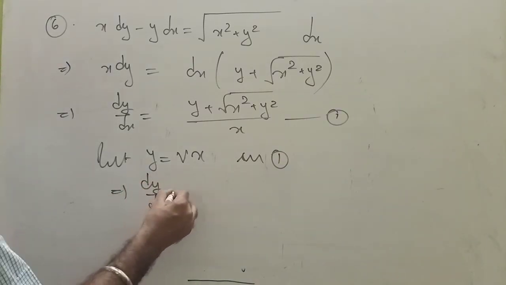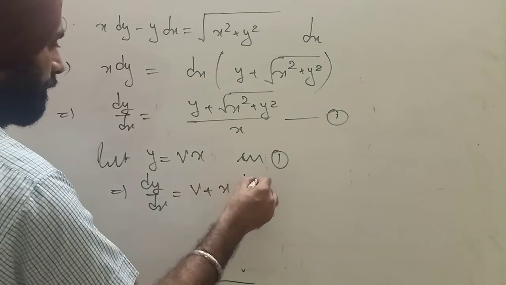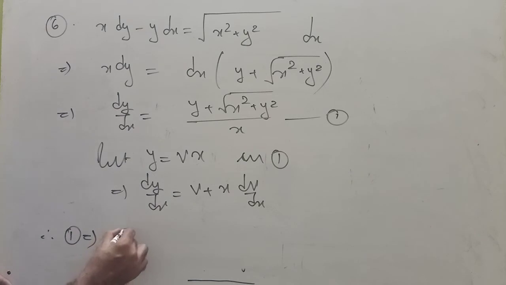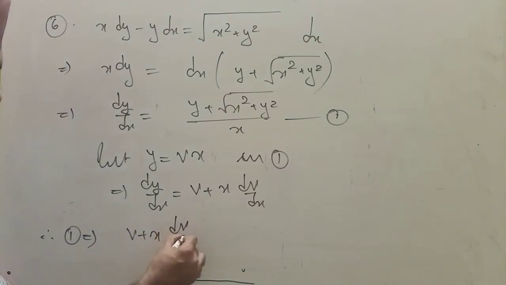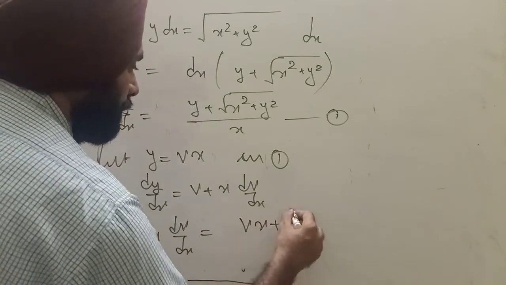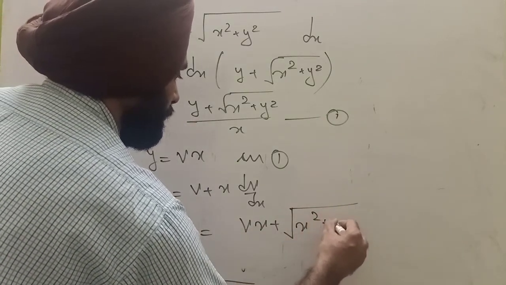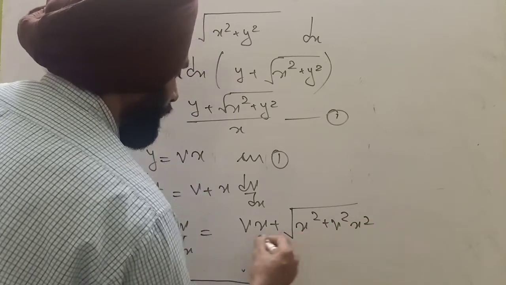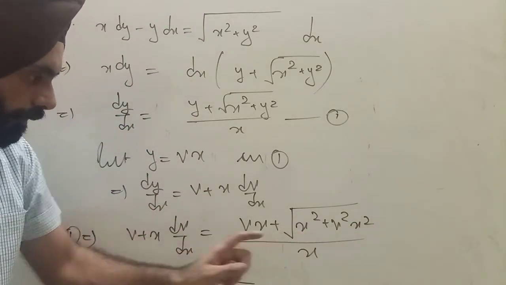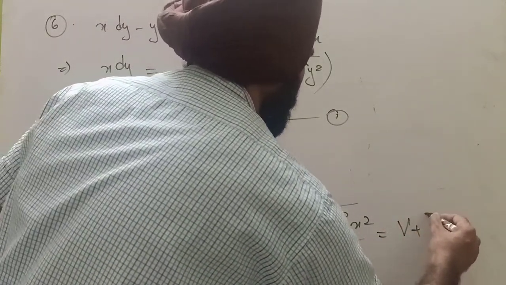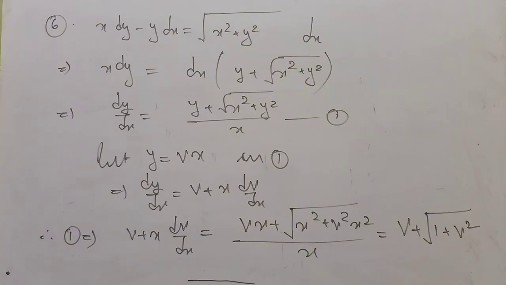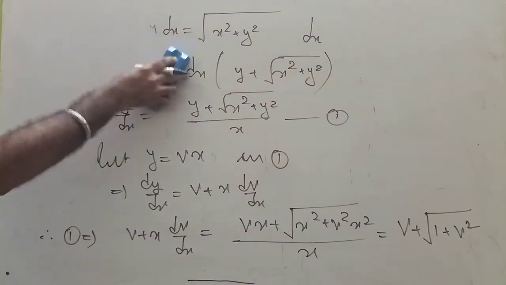Differentiate with respect to x: v plus x dv by dx. Therefore, equation number 1 implies the left hand side is v plus x dv by dx, which is equal to y, that is vx, plus under root of x square plus v square x square, by x. Now take x common. So this is equal to v plus under root of 1 plus v square.